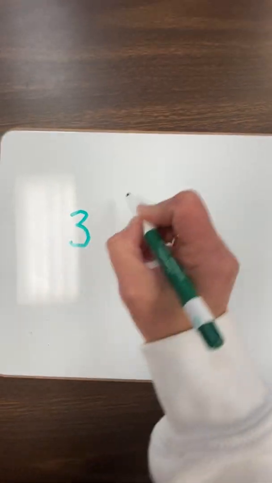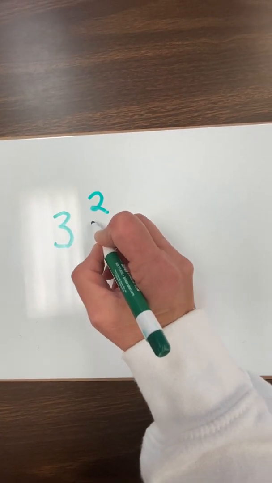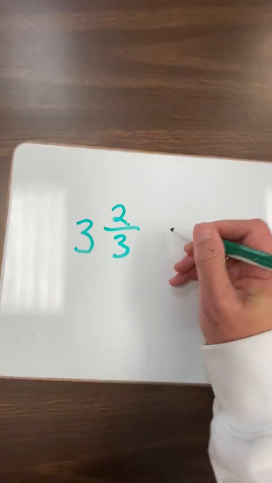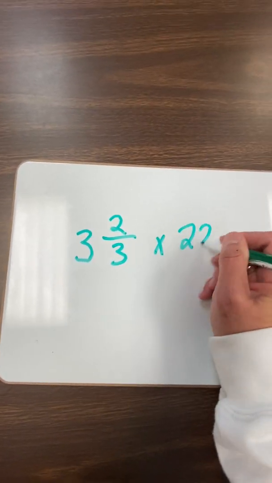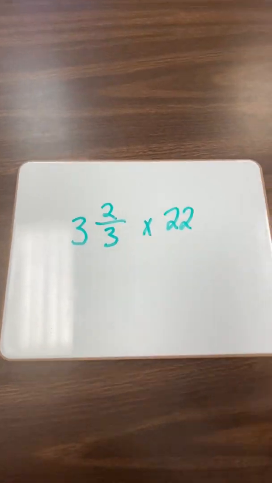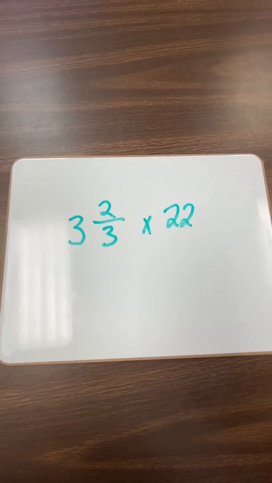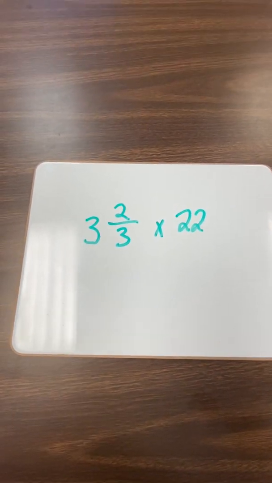Okay, now you try this one. 3 and 2/3 multiplied by 22.